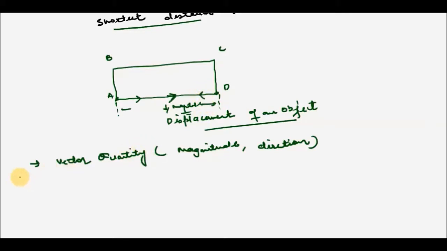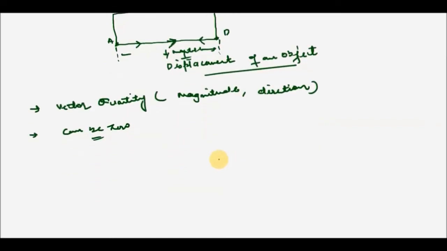right? Now second thing I want to tell you about displacement is that displacement can be equal to 0. Now you will say how? Now if I say that a person is standing on the point A and he travels a circular path and he again reaches point A. So what happens here is that its initial point and its final point coincide, right?